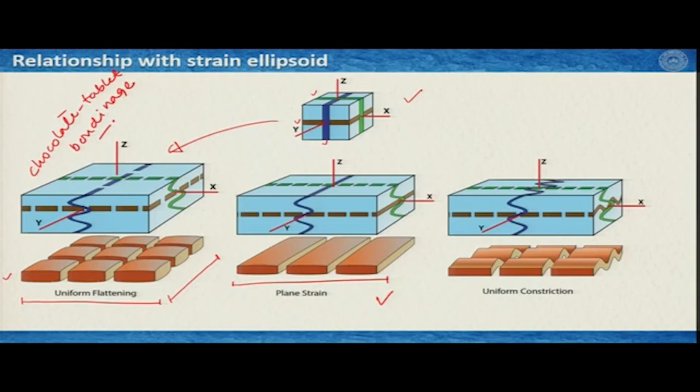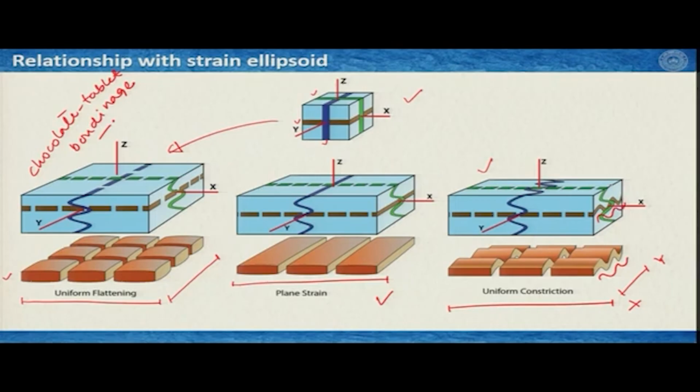And if we have uniform constriction, which is shown here, this brown layer very interestingly would flow in the x direction. No problem that it is forming Boudinage along the x direction, but because it is uniform constriction, it is getting compressed along the y direction. So, along the y direction, because it is getting compressed, it would produce compressional structures like folds.